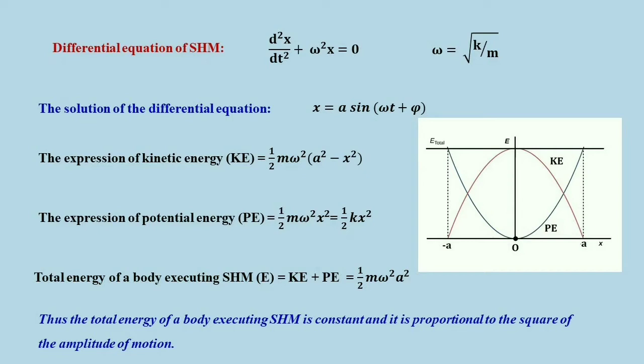This is a constant term. So for a body executing simple harmonic motion, the total energy is constant or conserved, and the energy is proportional to the square of the amplitude. That is, energy is dependent upon the square of the amplitude. So this is the expression of energy for a classical harmonic oscillator.